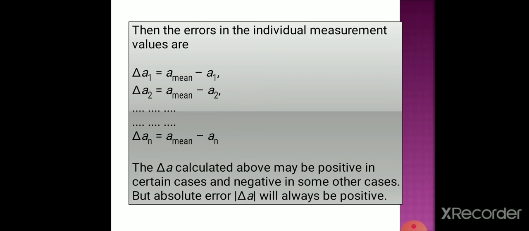Proceeding in the same way, delta AN, the absolute error in the nth measurement, is equivalent to A mean minus AN. The calculated delta A may be positive or negative, but we always consider the modulus value of delta A, and absolute error is always positive.